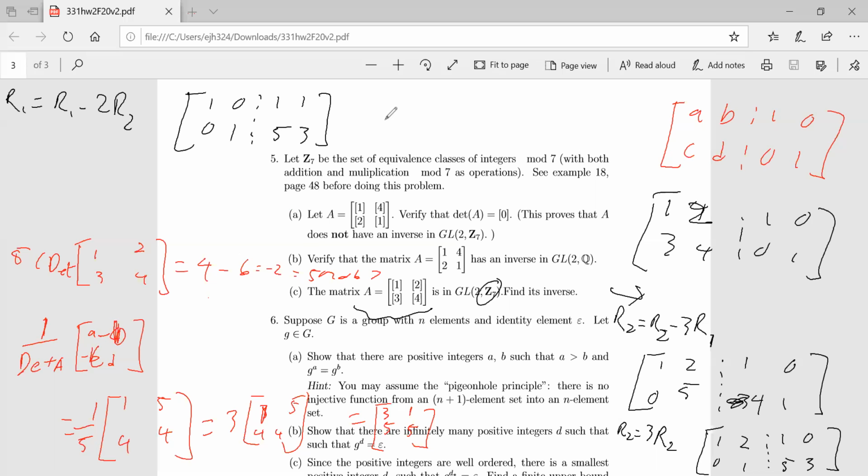So run through, check my arithmetic. I probably made a mistake somewhere. And then the easiest way to check it will be actually just to multiply this matrix and this matrix by this and to see what the actual answer is.